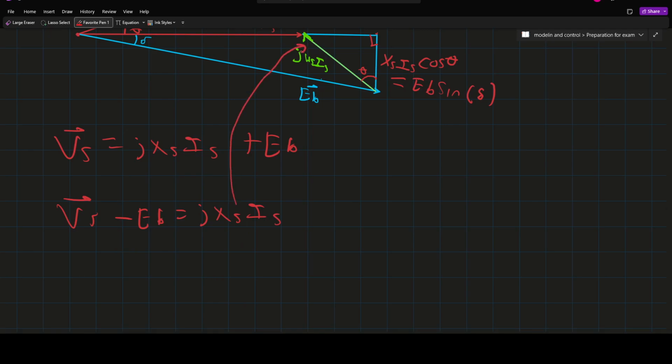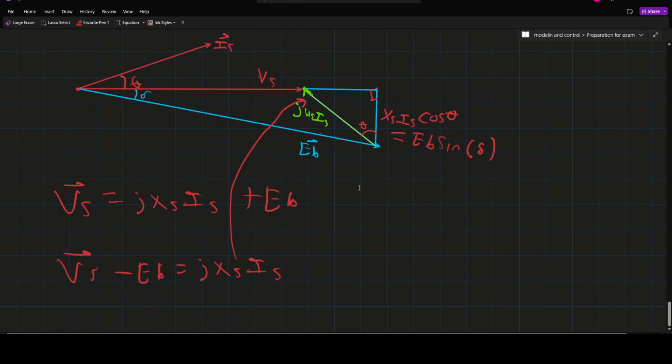This is this vector right here. And now here we're gonna have a right angle. So we know that the opposite from theta is gonna be sine, so the adjacent one is gonna be cosine. So this side over here is gonna be Xs, that's what we figured out that omega Ls was, times the magnitude of Is times cosine of theta.